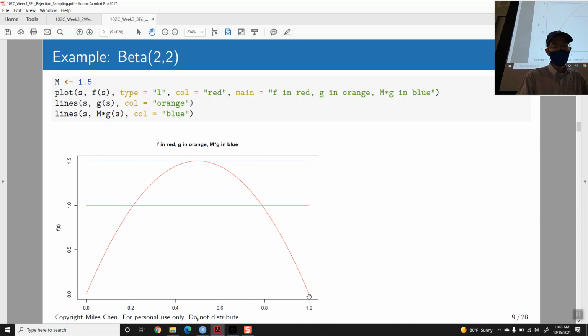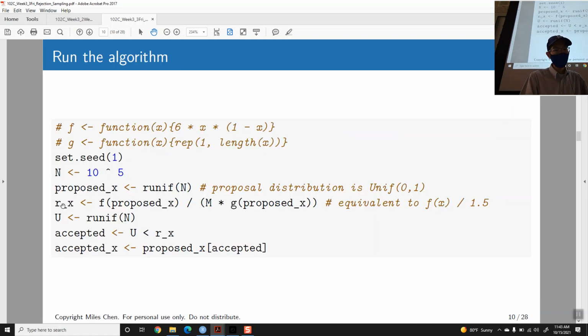If I generate, say, x equal to 0.99, I have an equal probability of generating 0.99 as I do 0.5, but I'm only going to accept, say, 2% of those, because in the F distribution, according to the red distribution, I shouldn't get 0.99 very often. So I calculate this ratio.